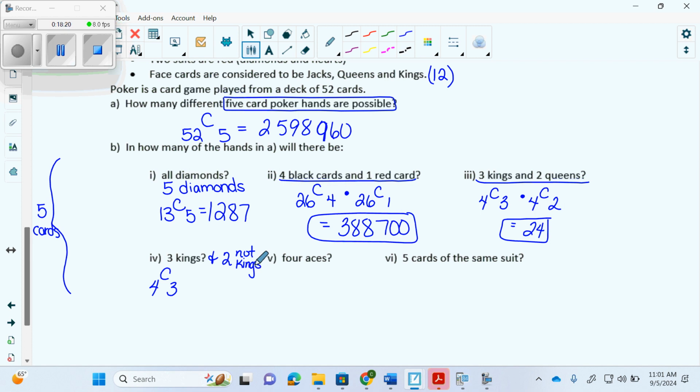No. It needs to be 2 that are not kings, right? How many kings are in the deck? 4. How many cards are in the deck? 52, which rhymes with 56, so very similar. So 52 minus 4 is how many? 48. So we have 48 left, and then we're going to choose 2. And what do we get?